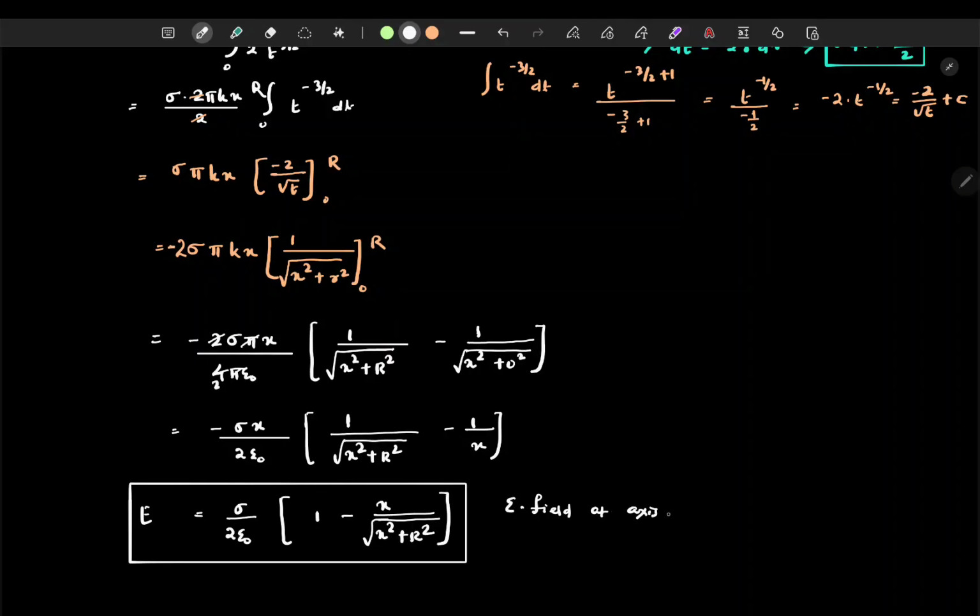This is the electric field at the axis of disk.